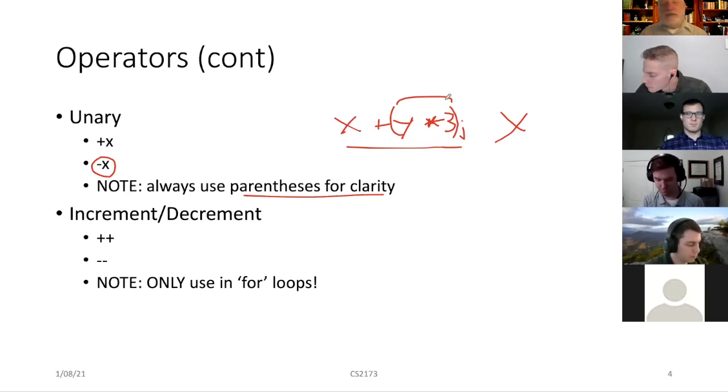Even in this case, this will have exactly the same answer. But if I'm somebody else examining this code and asking what did this guy want to do, what did he want to do if the parentheses are missing? There's some uncertainty.